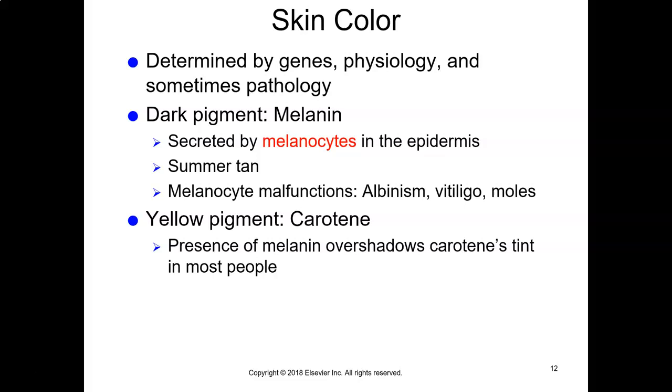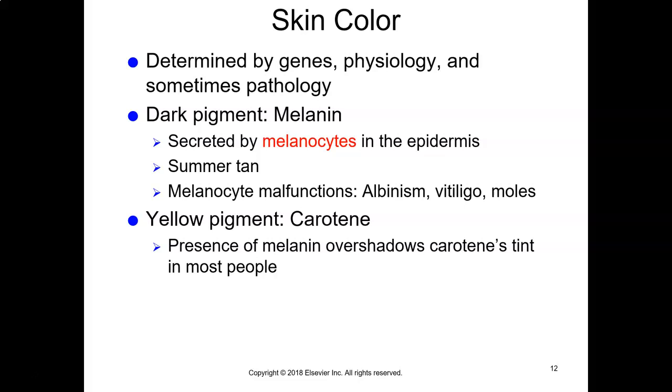And so people who have a malfunction can have albinism, or they can have moles, different things on the epidermis. The melanocytes do different things. The yellow pigment is called keratin, and the presence of melanin overshadows keratin's tint in most people.